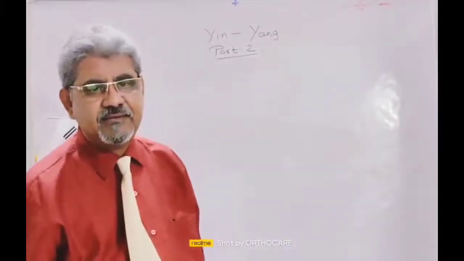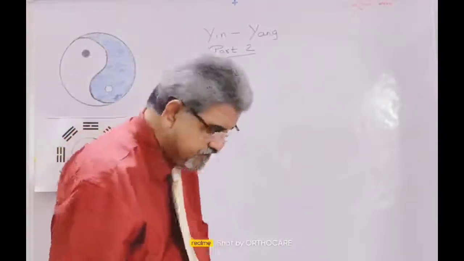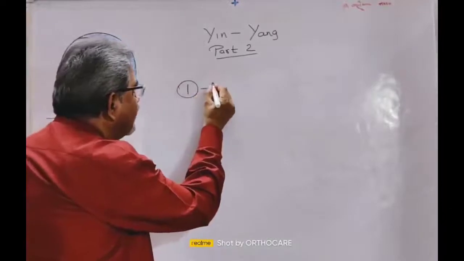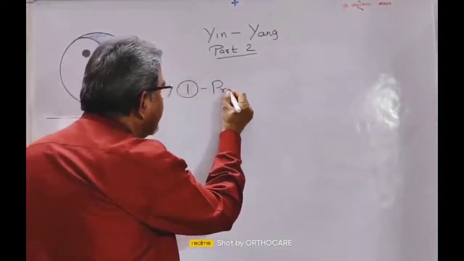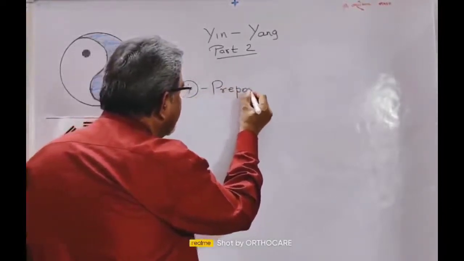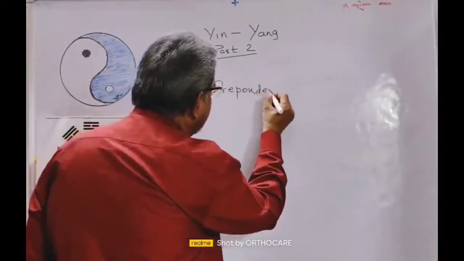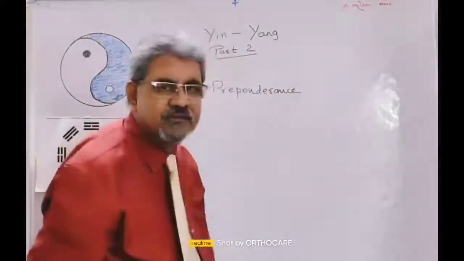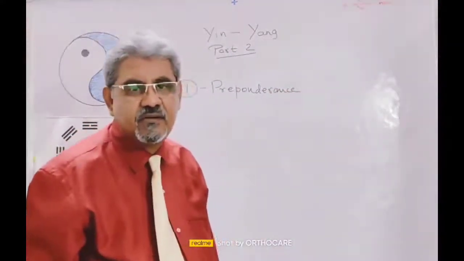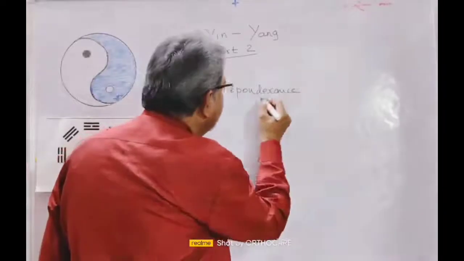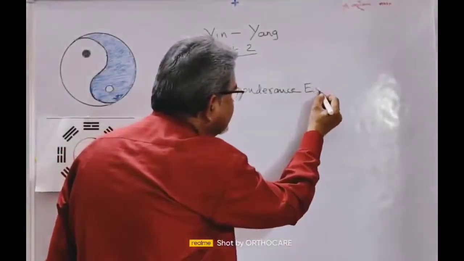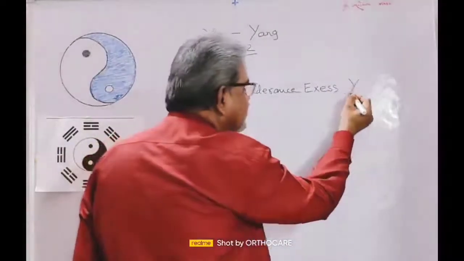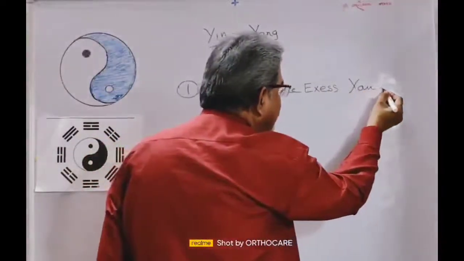Number one is known as preponderance, or you can call it excess of yang.